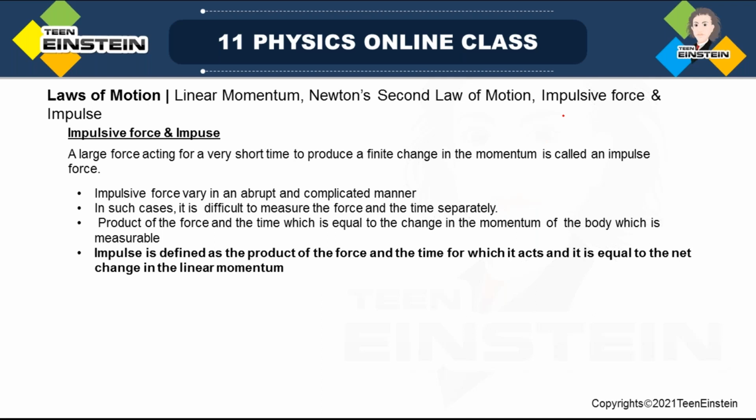We have also learned what is impulsive force, what is impulse, and we discussed the mathematical form of the second law of motion, F equals ma. These are all we have learned today.